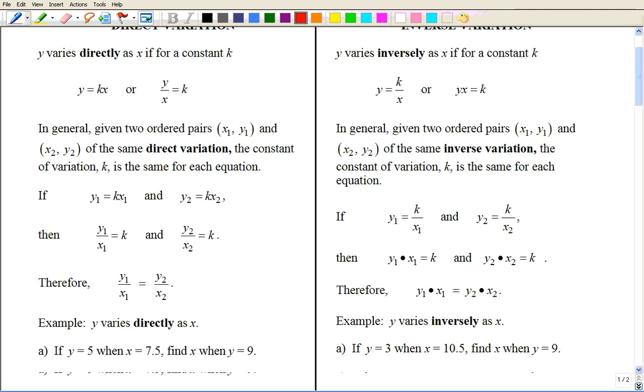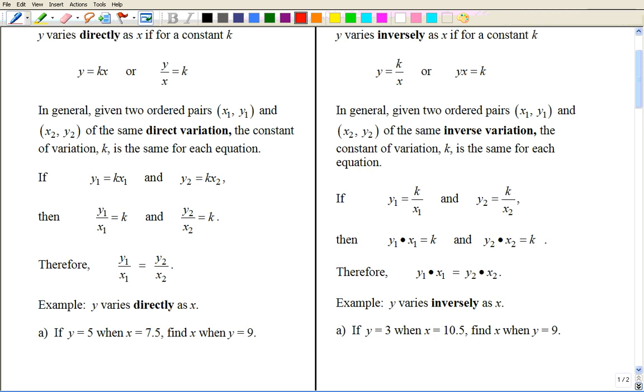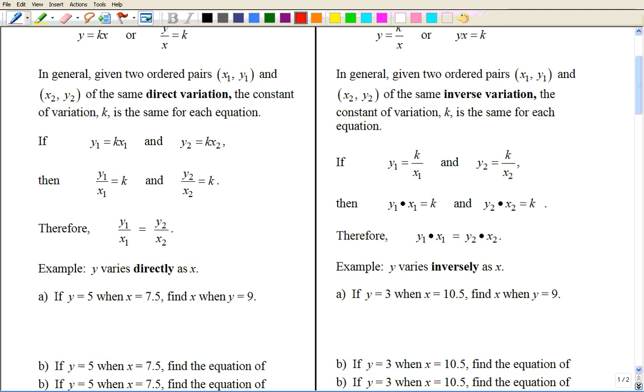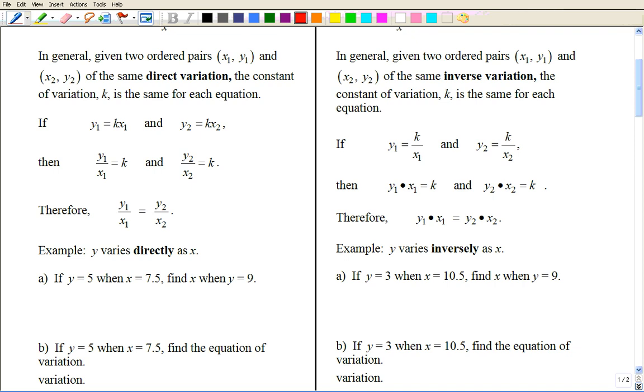So let's look at this example. y varies directly as x, and then we'll have these 2 examples, A and B. Example A, if y equals 5 when x equals 7.5, find x when y equals 9. So it gives us a complete scenario. We have a y of 5 and an x of 7.5, and then we are looking for x when y equals 9.